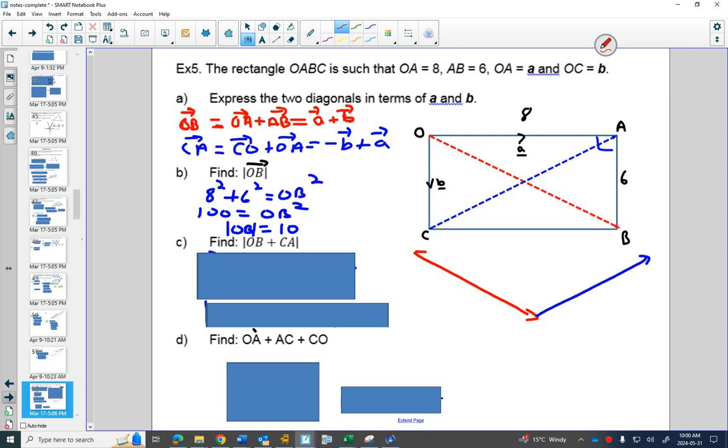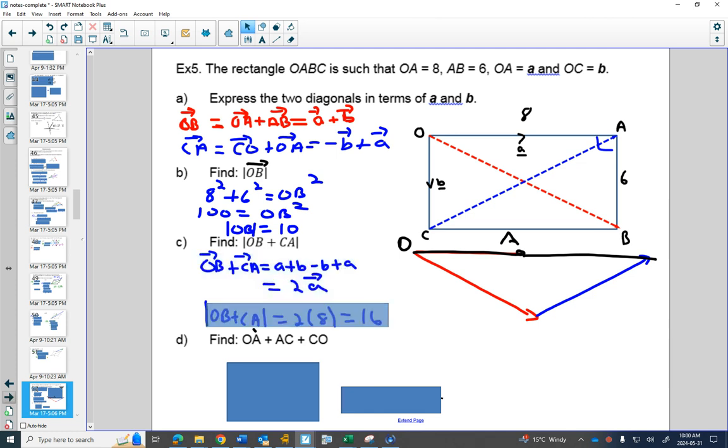Can you see that O to A to there, and then you would have the same length again? So drawing the picture with the vectors, I can tell that this length is going to be 16. Doing the math with the vectors, A plus B, B minus A, adding them together, you get 2A, and sure enough, that's going to be 8 plus 8, 16.